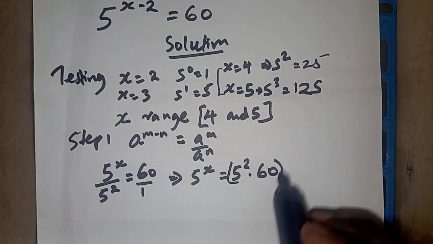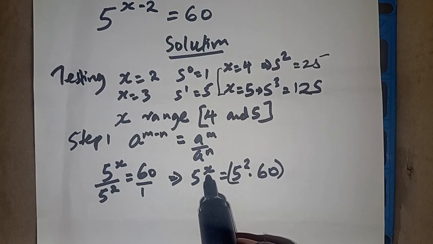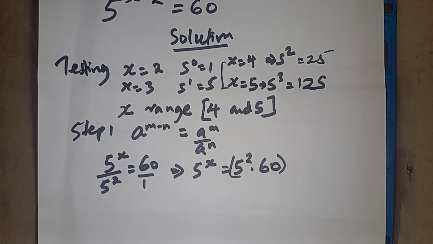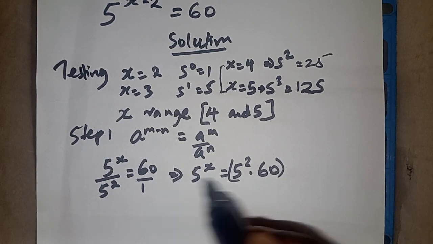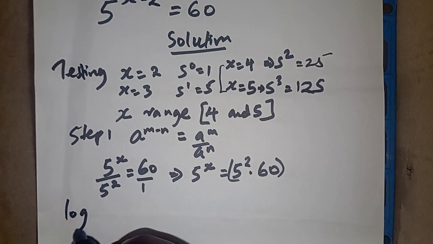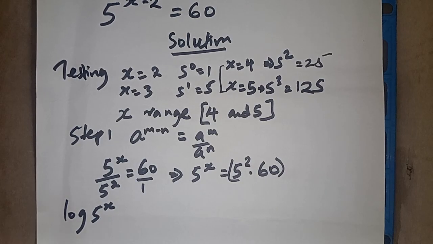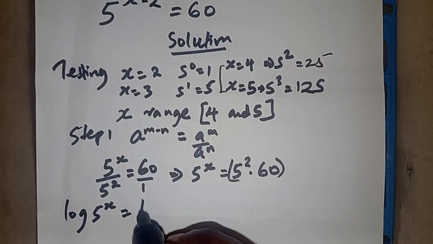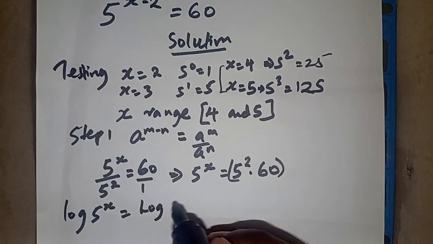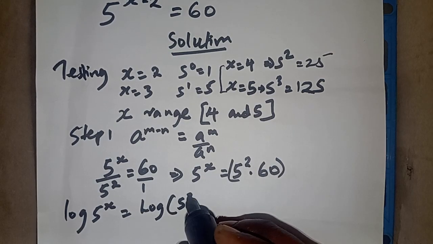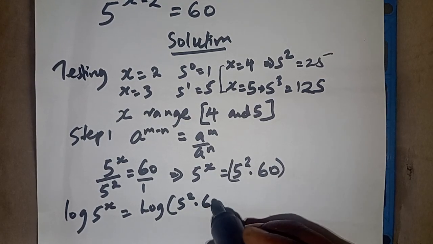Then at that stage, to eliminate x, I'm going to introduce the logs on both sides of this equation: the log of 5 to the x is equal to the log of 5 to the 2 multiplied by 60.